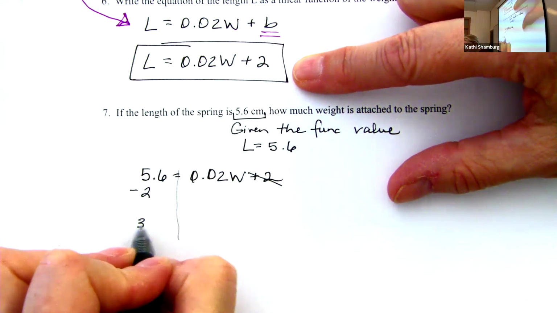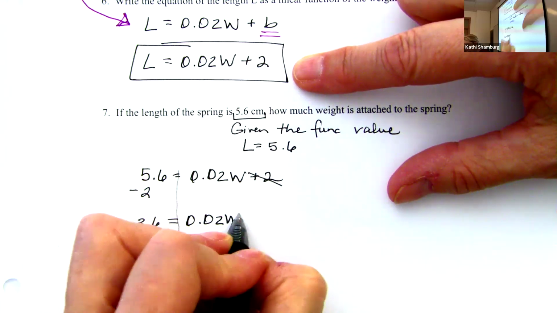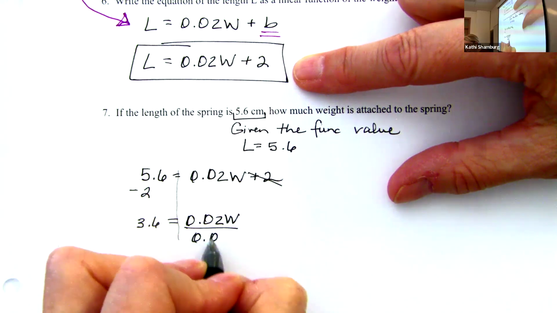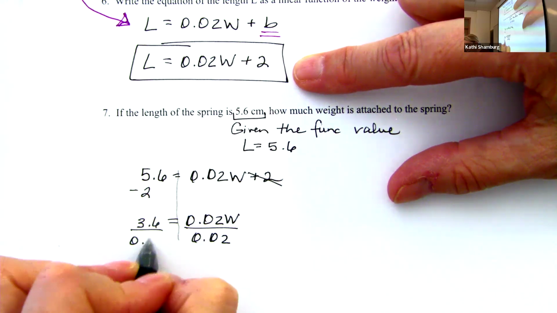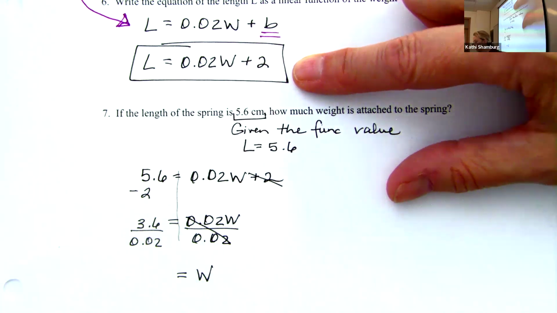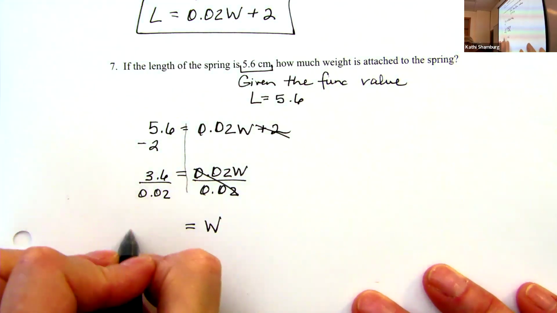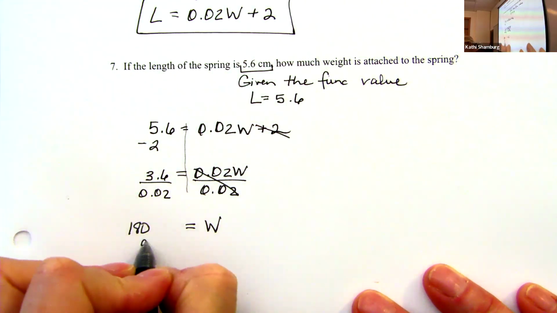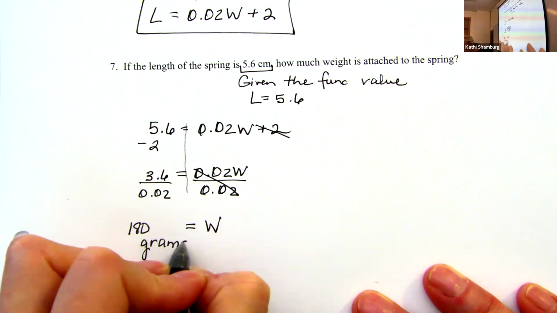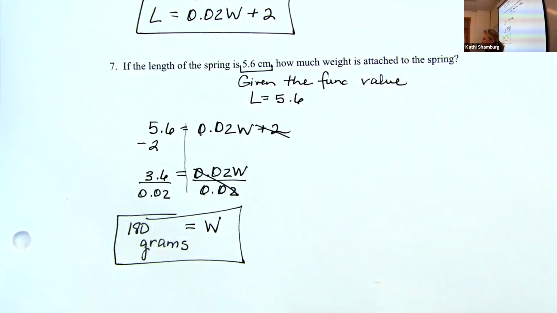So we would have 3.6 equals 0.02 W, divide by 0.02. And we're left with W, which represents weight in grams. 180. And be sure you put grams.